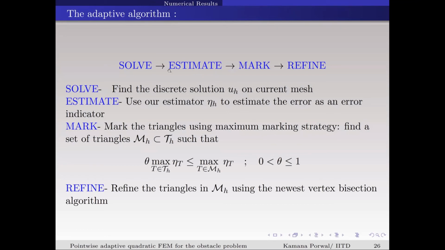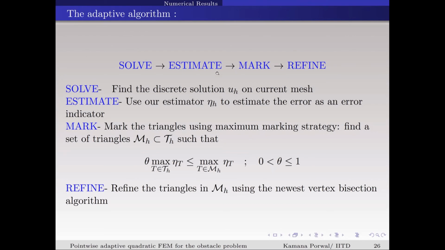For the adaptive mesh refinement, we are considering this 4-step algorithm: solve, estimate, mark, and refine. In the step solve, we solve the discrete problem, that is a discrete variational inequality, using the primal dual active set method to obtain the discrete solution UH. Then in the estimate step, we compute the error estimator eta H over each element.